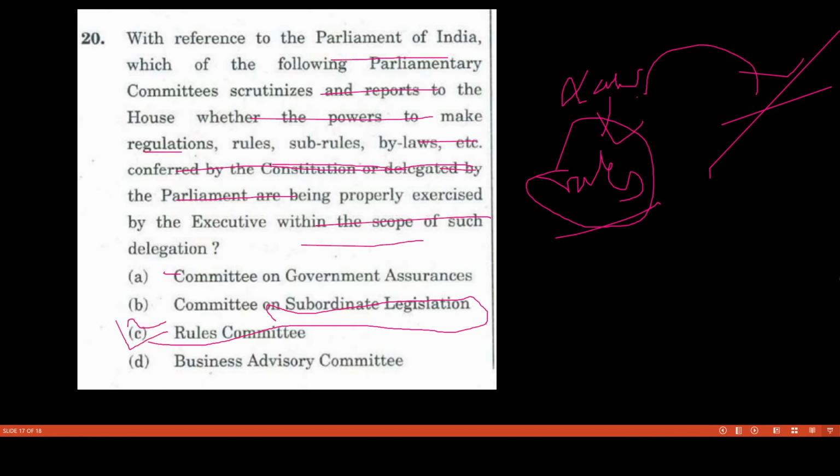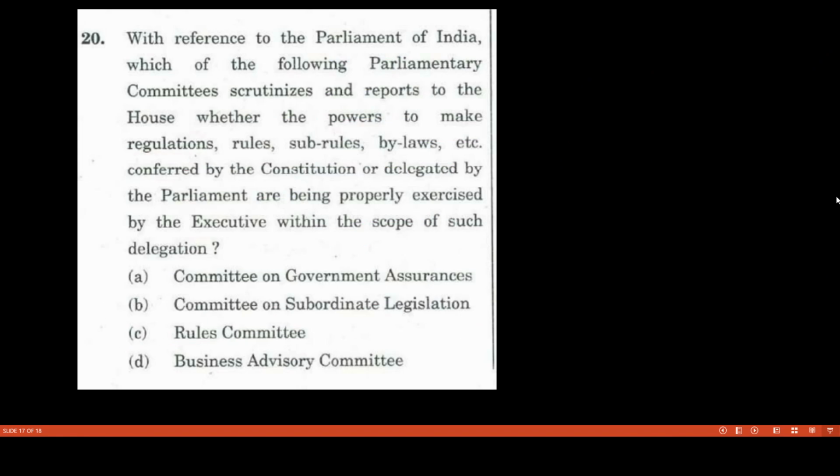Some people definitely marked Rules Committee. All right, and they will also fight in the examination. Also, they were fighting with me.